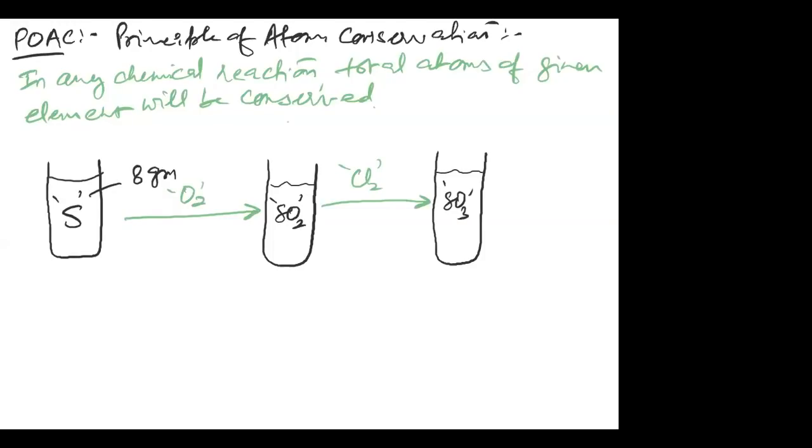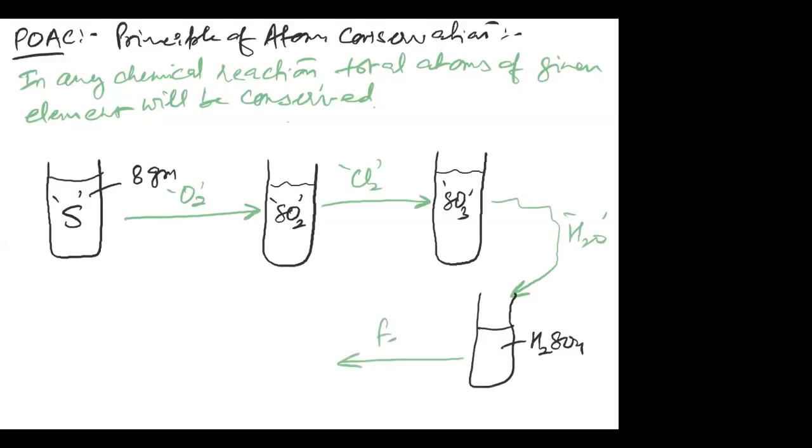This SO3, when treated with H2O, suppose as per reaction information given, all this gets converted into H2SO4, and when this H2SO4 is treated with ferric hydroxide, here in the question it is given that it gets converted into ferric sulfate.